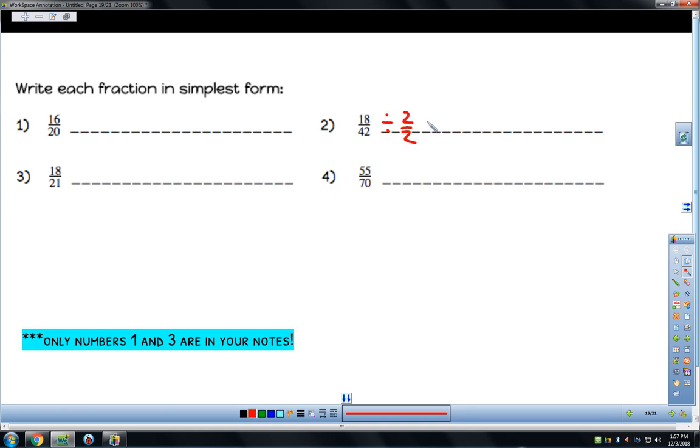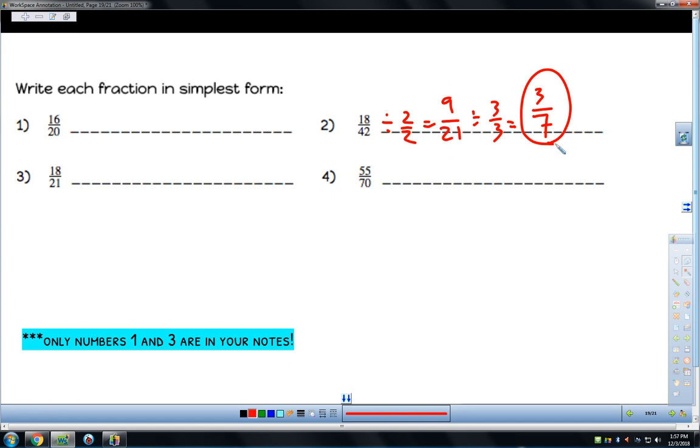I'm going to divide by 2 over 2. 18 divided by 2 is 9. 42 divided by 2 is 21. If I look at my factor sheet, or maybe I know this, 9 and 21 both are divisible by 3. 9 divided by 3 is 3. 21 divided by 3 is 7. And that's a final answer.